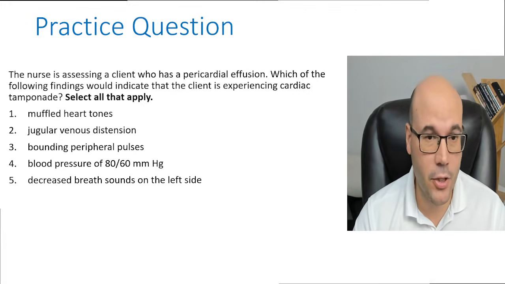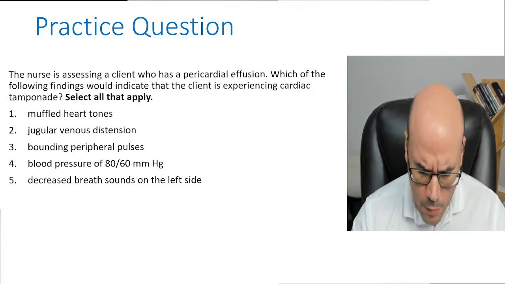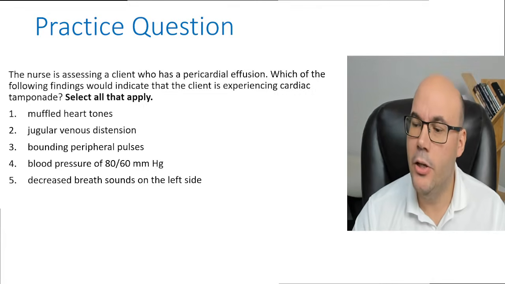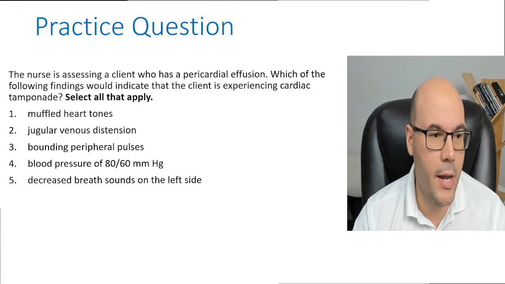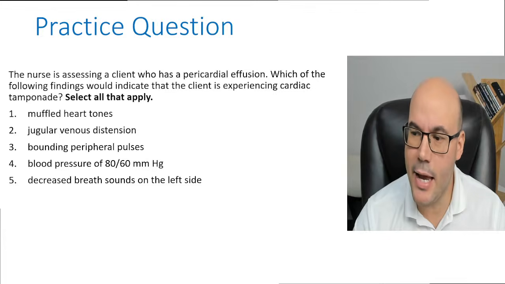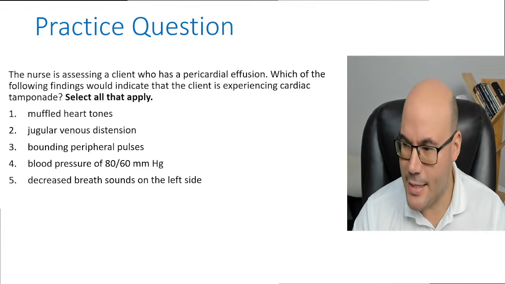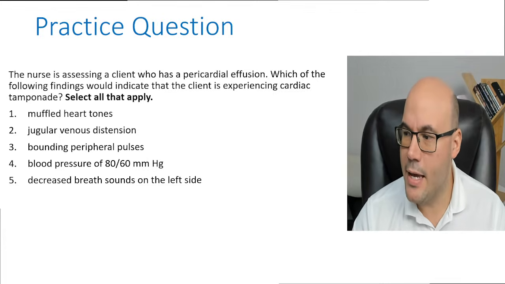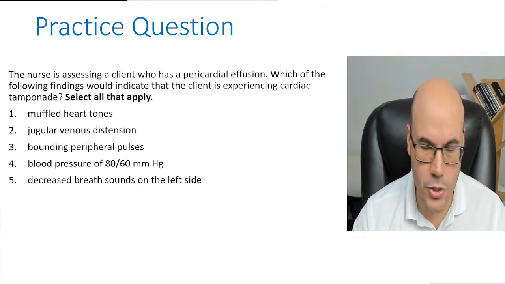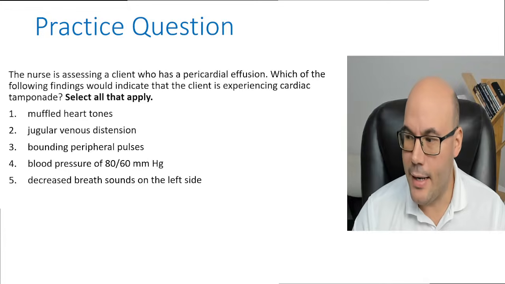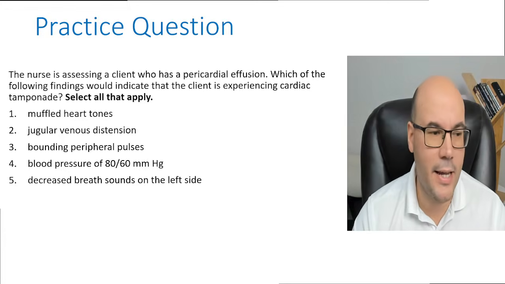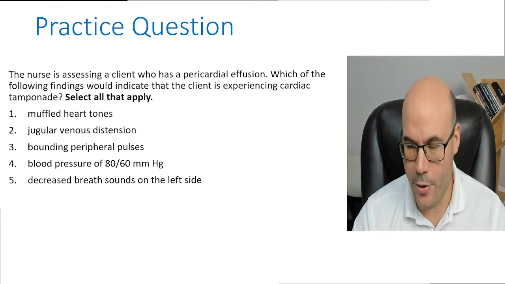It's a select-all-that-apply, but we're gonna use the opportunity to discuss some important information for the NCLEX about cardiac tamponade. The question states, the nurse is assessing a client who has a pericardial effusion. Which of the following findings would indicate that the client is experiencing cardiac tamponade?